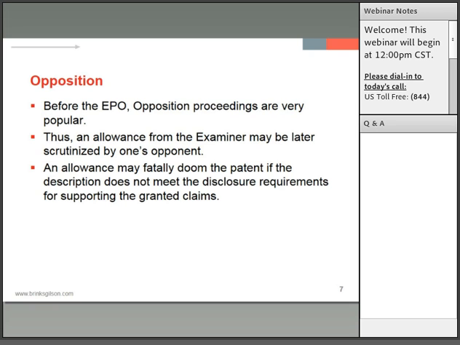Oftentimes your competitors find all kinds of flaws in your claims and will attack your claims, successfully or unsuccessfully. I'm trying to help you get your specification, your description, to be so complete that you can obtain a better claim scope that will also withstand attacks from an opponent.